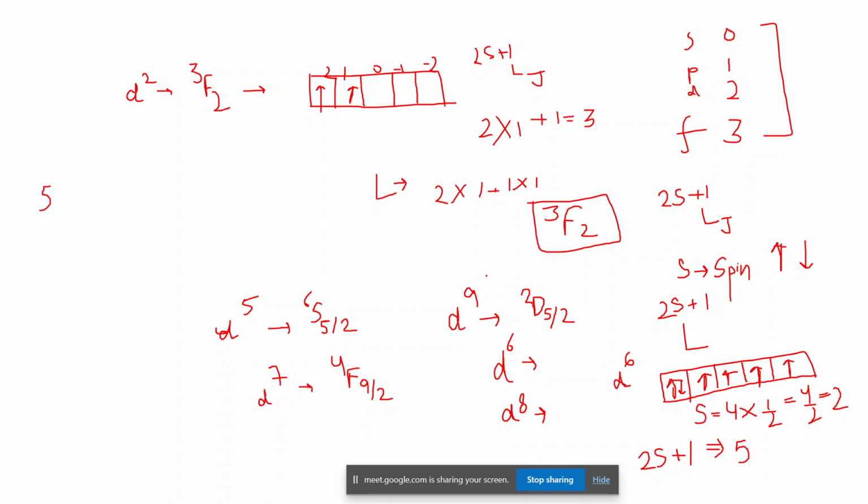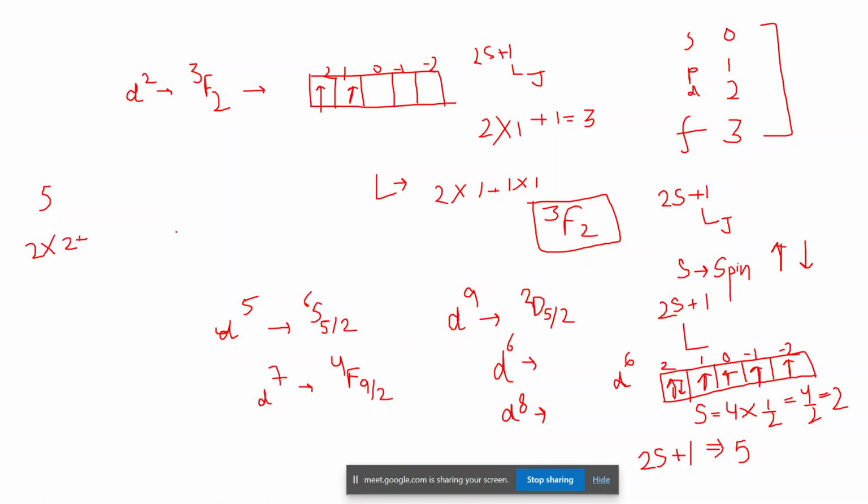Now how will you calculate the L value? Here it's 0, minus 1, minus 2, plus 1 and plus 2. So just write these. How many electrons are there? 2.